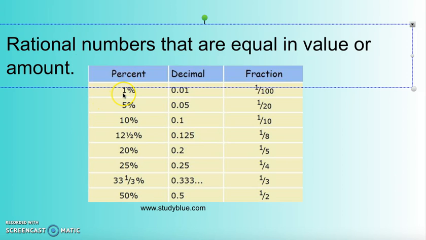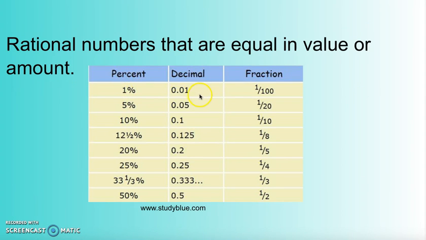So like 1% is equivalent to 0.01, and it is equivalent to 1/100th. These are all the same amount, however, they're written in different forms, but they are all the same. They equal the same amount. Okay, and that's what makes them equivalent.